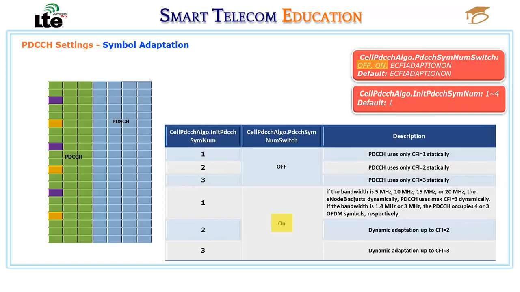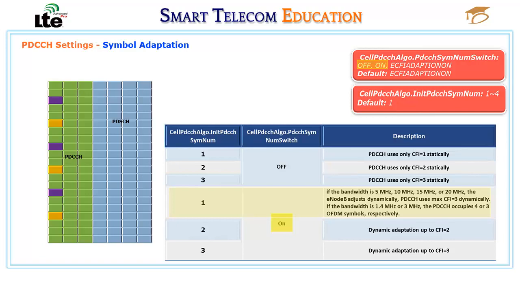When the PDCCH symbol number switch is set to on, and the initial PDCCH symbol number parameter is set to 1: if the bandwidth is 5, 10, 15, or 20 MHz, the eNodeB adjusts dynamically, with PDCCH using max CFI equals 3.